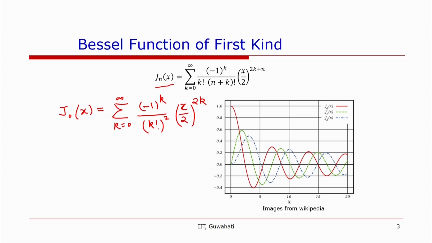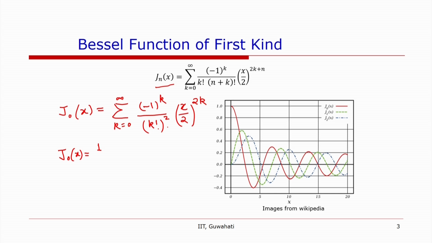Now this is J0(x). Let us expand it a bit and write a few terms. For k equal to 0, the term is 1.